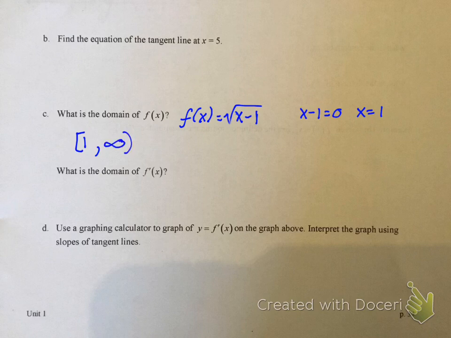Okay? What is the domain of f prime of x? Well, our formula was 1 over 2 radical x minus 1. So once again, we have the same problem where we have a square root. So we have to find the starting place. So x minus 1 equals 0, x equals 1. So that will zero out the denominator, right?